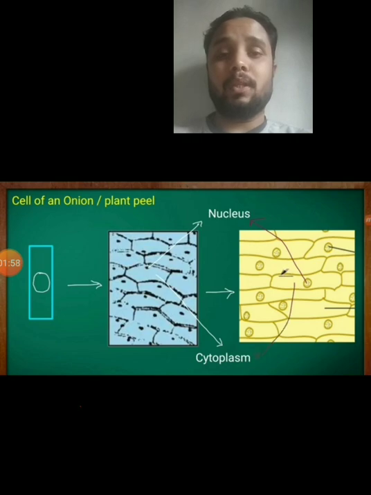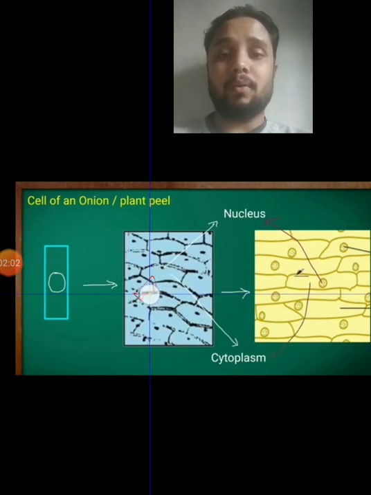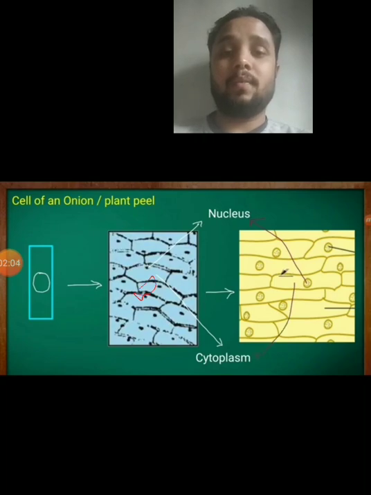In this type of cell, there are boundaries, and in the middle portion you see a dot-like structure, that is the nucleus. Surrounding the nucleus is known as cytoplasm.